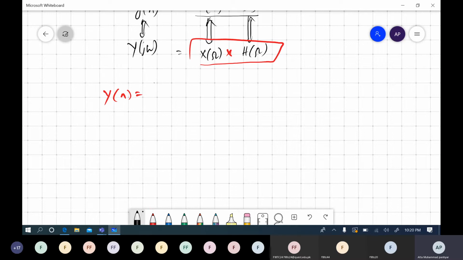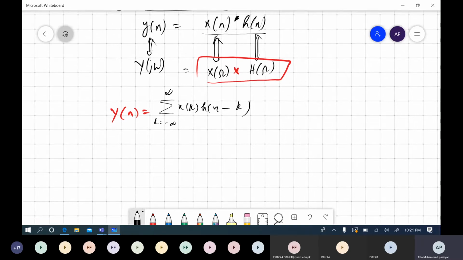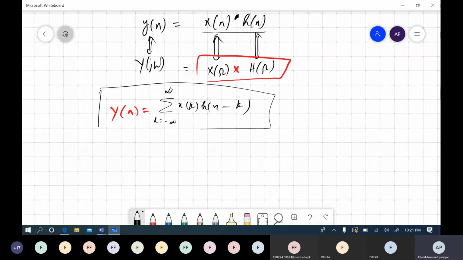That means y of n is equal to the summation over k from minus infinity to infinity of x of k h of n minus k, with k as an intermediate variable, right? So by definition, convolution is written in this form, right?